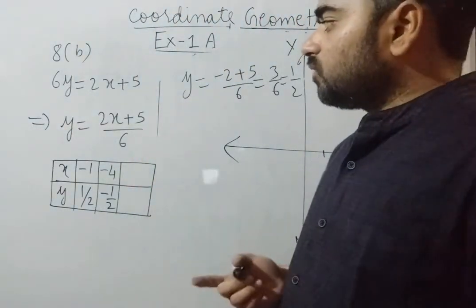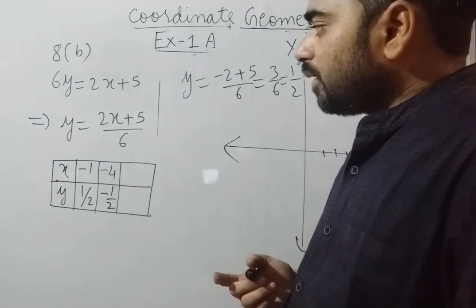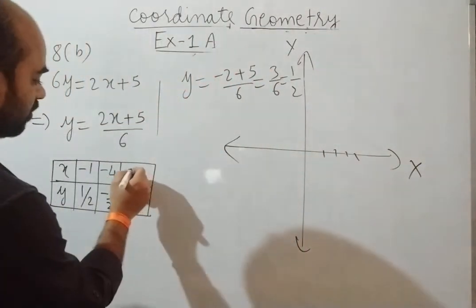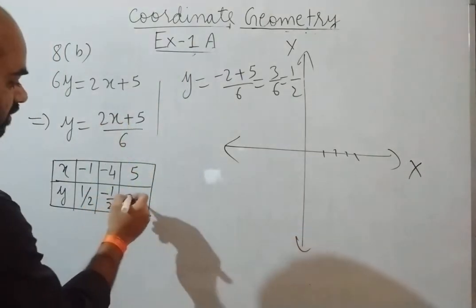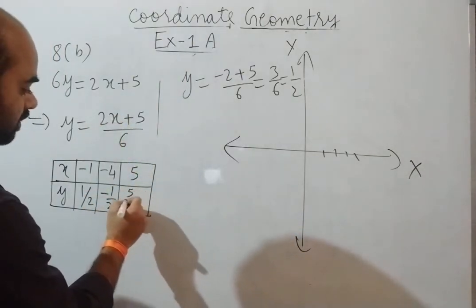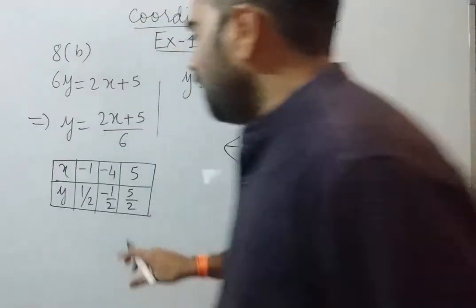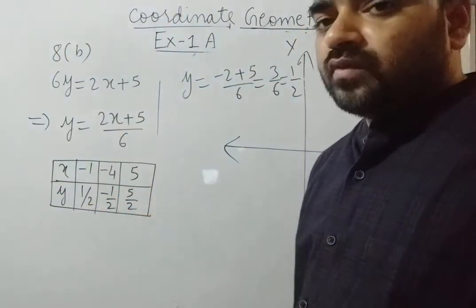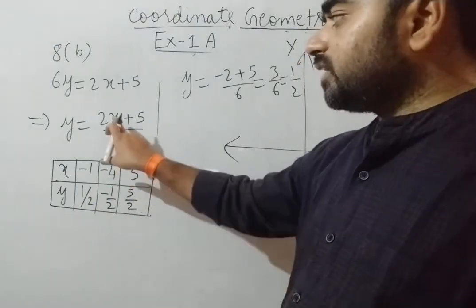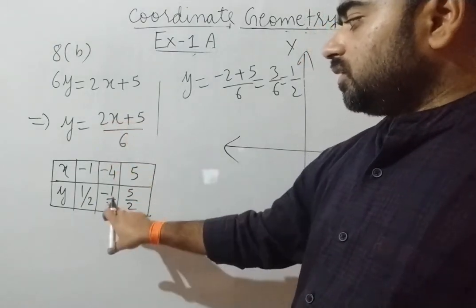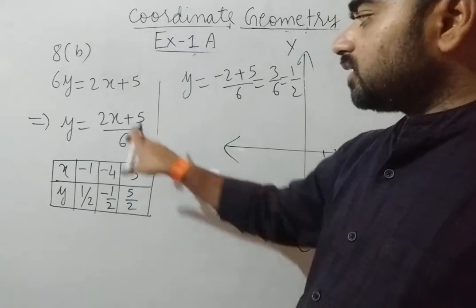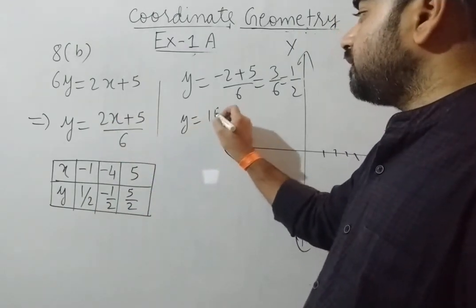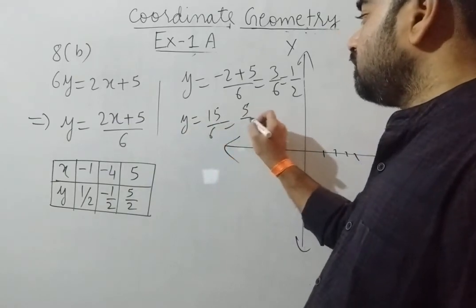If x is 4, 5, yes, we can take x equal to 5. See what will come? You can check. If x is equal to minus 1, y is 1 by 2. If x is equal to minus 4, y is minus 1 by 2. If x is 5, then y will be 15 by 6, which is 5 by 2.